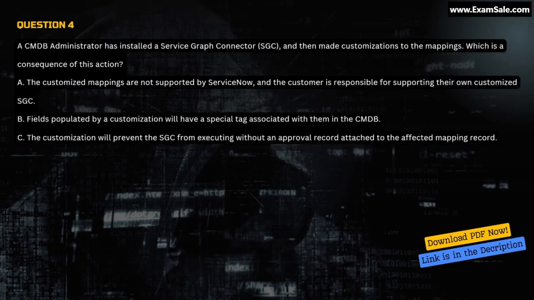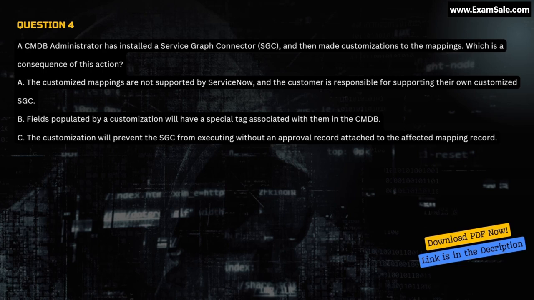Question 4. A CMDB administrator has installed a Service Graph Connector, SGC, and then made customizations to the mappings. Which is a consequence of this action? A. The customized mappings are not supported by ServiceNow, and the customer is responsible for supporting their own customized SGC. B. Fields populated by a customization will have a special tag associated with them in the CMDB.